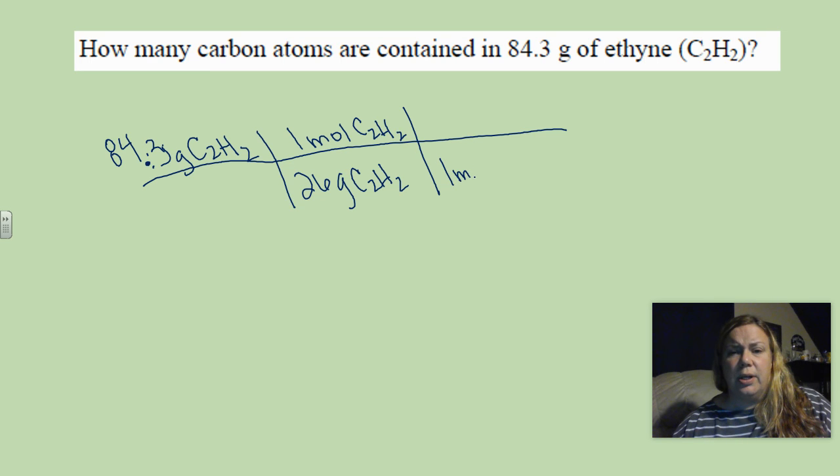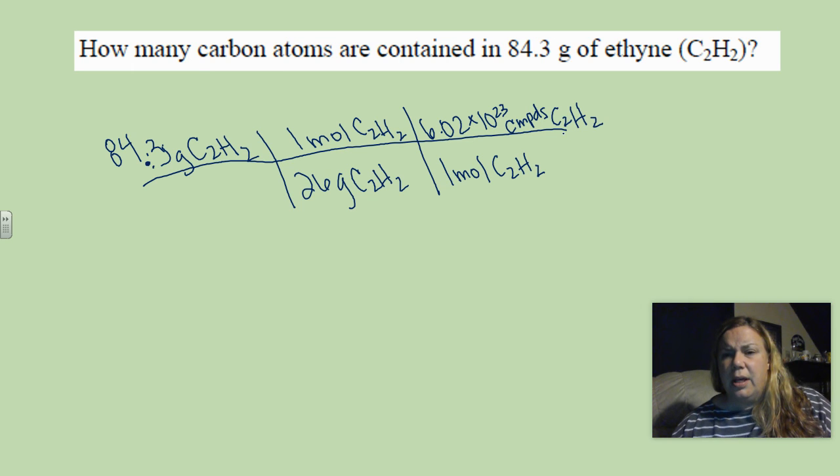For every 1 mole of C2H2, we have 6.02 times 10 to the 23rd compounds of C2H2. Now we want to know how many carbon atoms. We look at C2H2 and how many atoms in C2H2 are carbon, and there's 2.